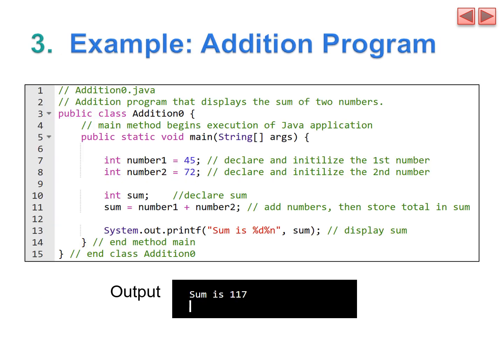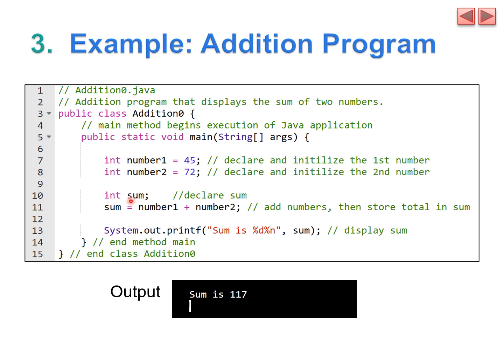Let's look at other examples of variable declarations in a complete Java program. This is an addition program that displays the sum of two integer numbers. In the main method of this program, we declare variables number1 and number2 of type int and initialize them to the values 45 and 72 respectively. Then we declare variable sum, also of type int.